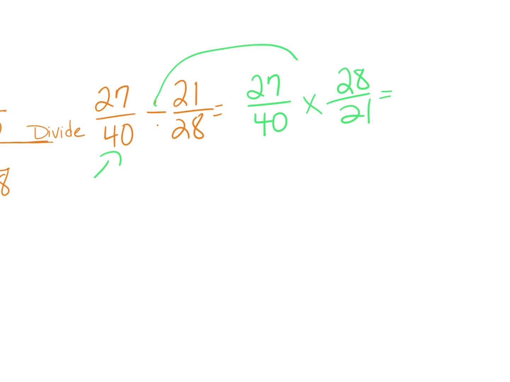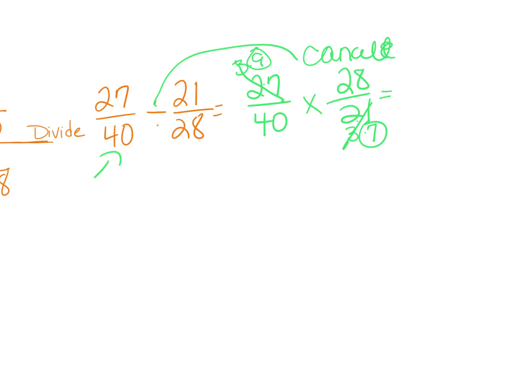You do that through, remember, cancellation through cross multiplication. Well, I know that 3 is a factor of both of these, and I know 3 times 9 is 27. 3 times 7 is 21. I can cancel out my 3's, and I have a 9 and a 7, okay?